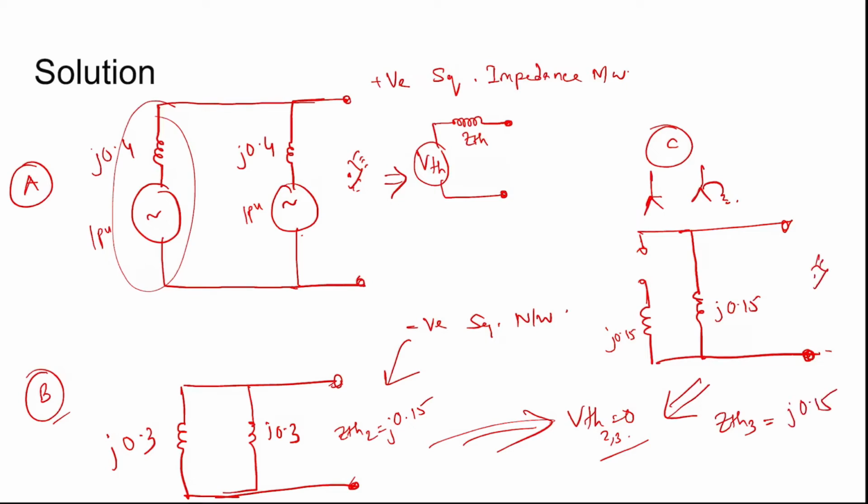You see j0.15 impedance from this side. ZTH1 and VTH1 are to be determined, where ZTH1 is j0.2: when you deactivate these sources by their internal impedances, you see a parallel connection and can find j0.2 as the Thevenin equivalent impedance. VTH1 is the open circuit voltage across this point, which is 1 per unit, because no current flows, so 1 per unit appears across this point.